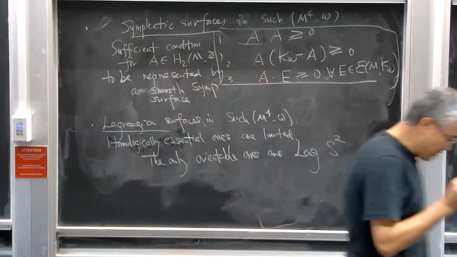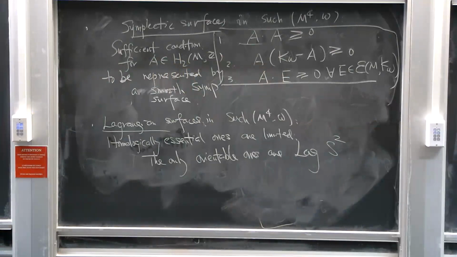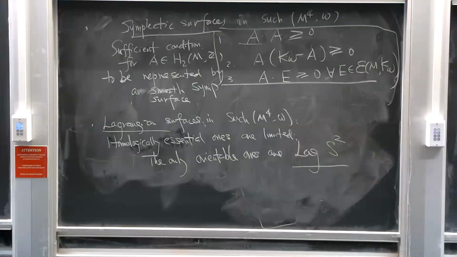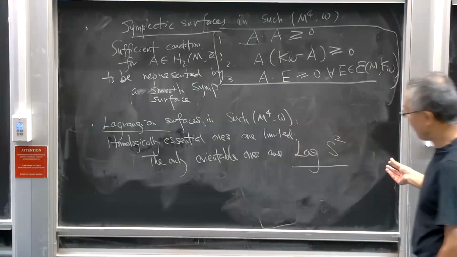So there are no Lagrangian genus 2 surfaces, no essential Lagrangian tori. This is very easy. It's a very easy fact.